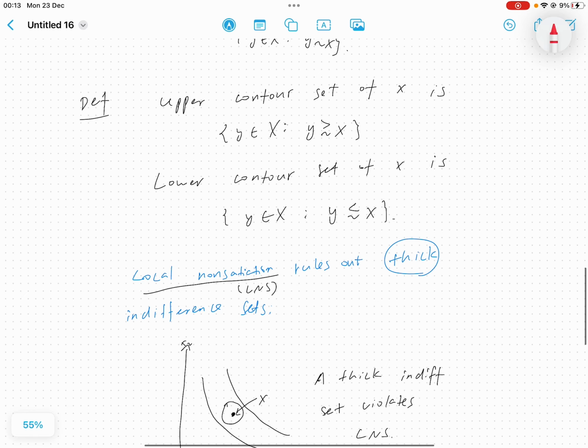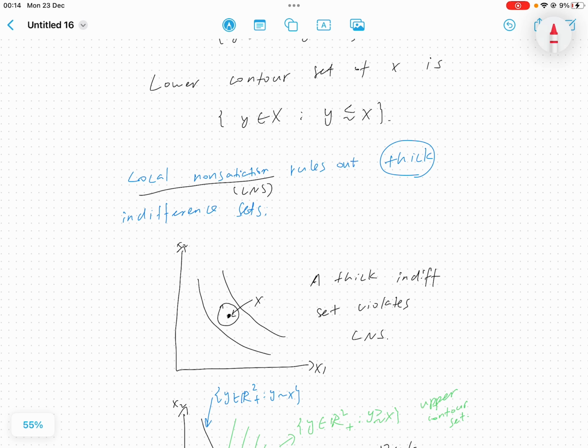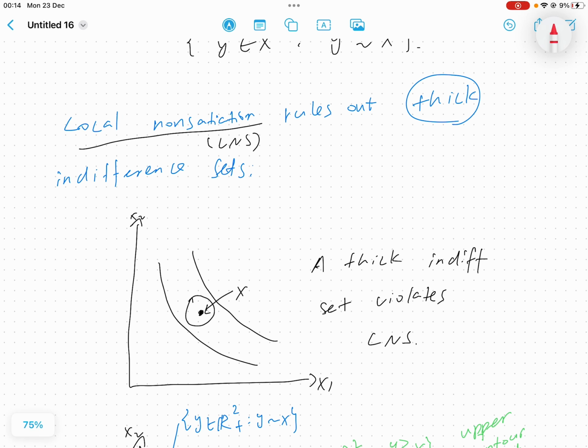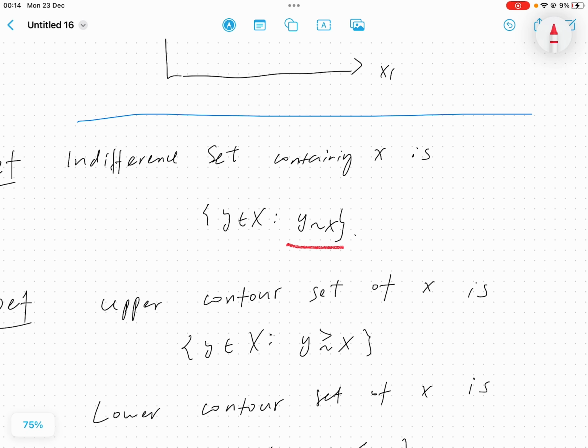Good. So now we are ready to show the meaning, or why we even need this local non-satiation. Local non-satiation essentially helps us to rule out some sort of thick indifferent sets. Here we have the first picture. This indifferent set is simply the set we just mentioned, right? All those y's have the same level of preference as x.